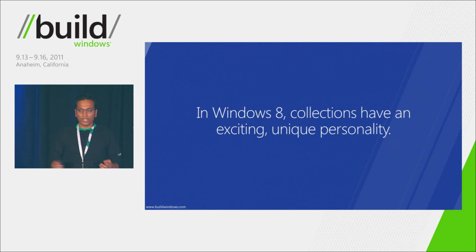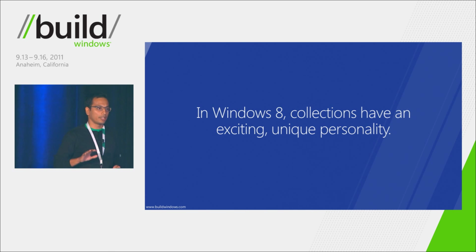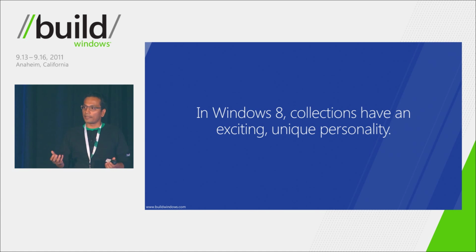So in Windows 8, collections have a unique, exciting personality. And what do I mean by that? They support touch as a first-class citizen, along with supporting mouse and keyboard. They're designed for touch. They provide fast and fluid panning with inertia. They support the Windows 8 touch language. And they really provide fluid animations for user interactions that help bring your applications to life.